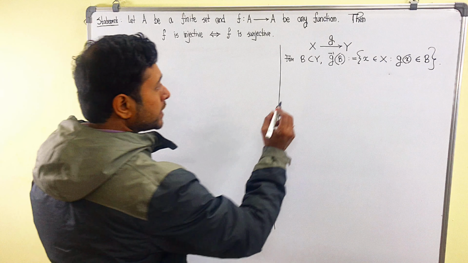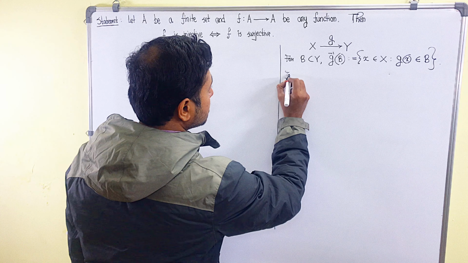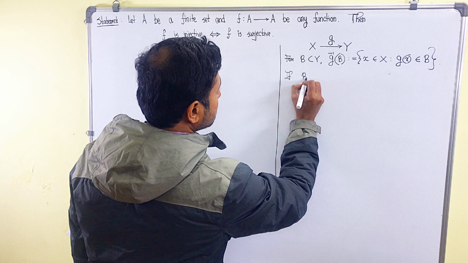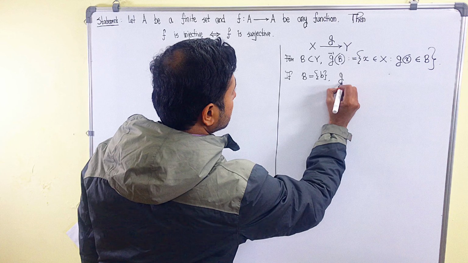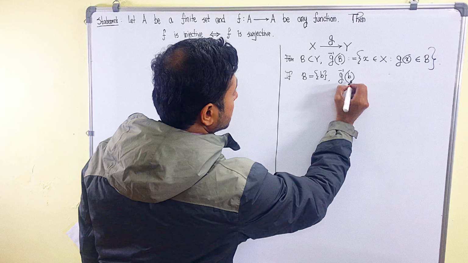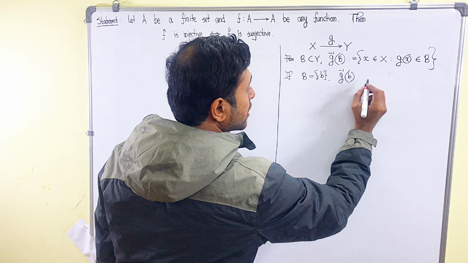In particular, if B is a singleton set, then this set g inverse of B is what we call the fiber of B.